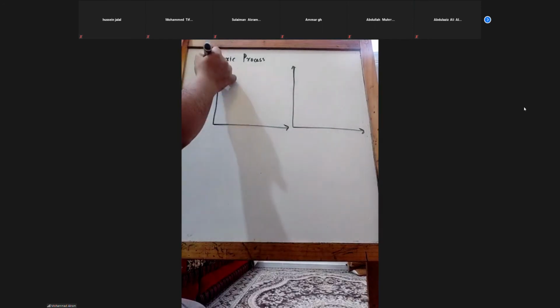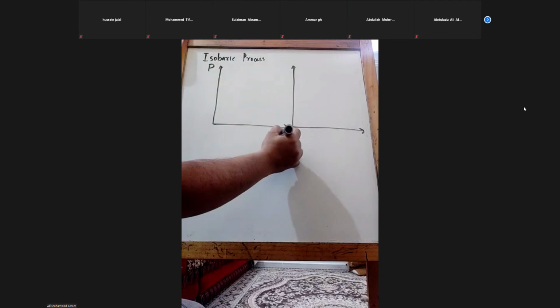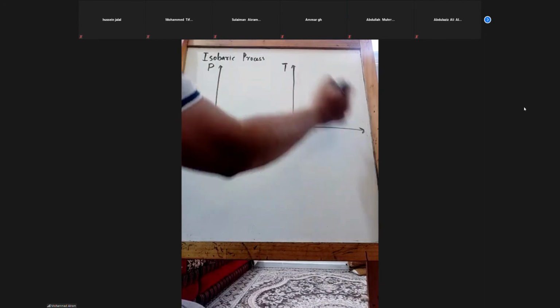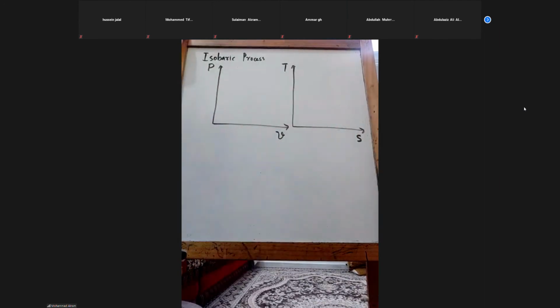For every process, we will draw the PV and TS diagrams.